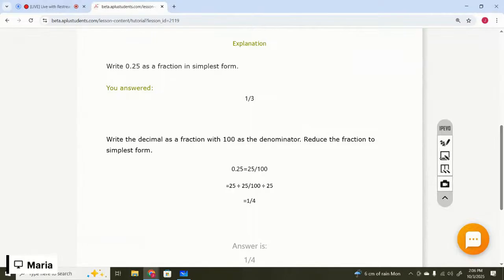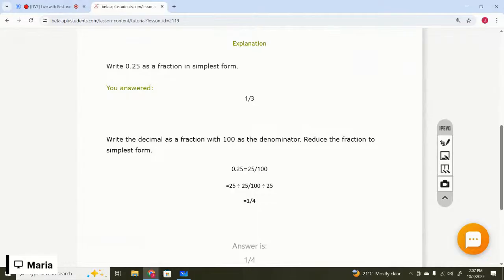After the decimal point we have two digits, so we can write it as 25 by 100, right? Now divide them by the greatest common factor. The greatest common factor is 25. So 25 divided by 25 is 1 and 100 divided by 25 is 4. So that is 1 over 4. So we can write 0.25 in simplest form as 1 by 4.